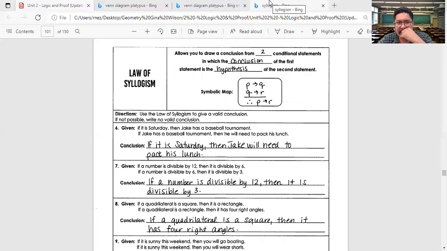I know some of you guys are probably writing this down, but the problem was, this morning I was looking at that and thinking, is it syllogism or syllogism? Because again, this is kind of a new thing for me. I've been a teacher for 10 years and I've taught geometry, but that one's new to me.